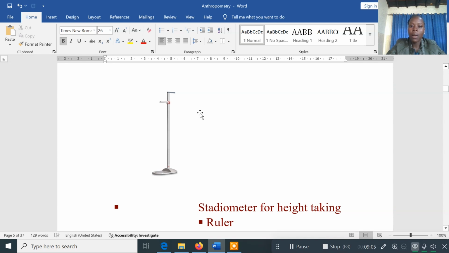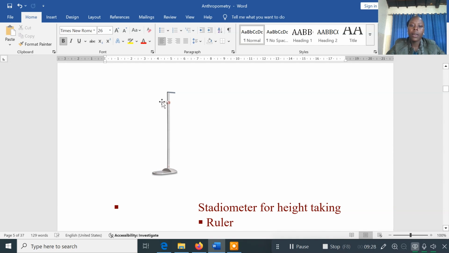We shall see that wooden type when we are in our practicals. The wooden stadiometer is the common one, but we also have this one here. This stadiometer is used for taking height, and it has an adjustable ruler up here.